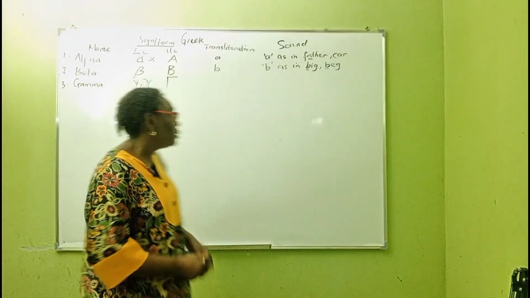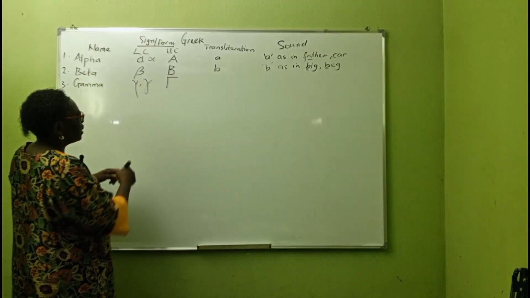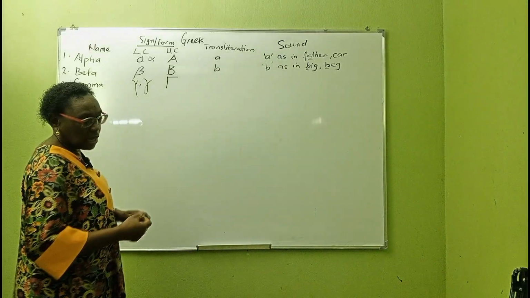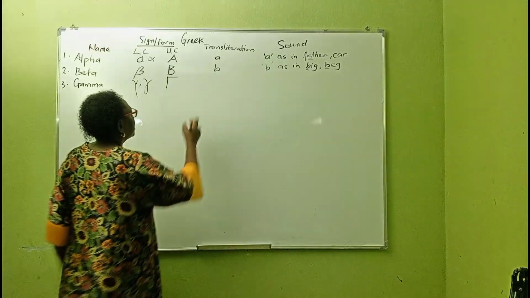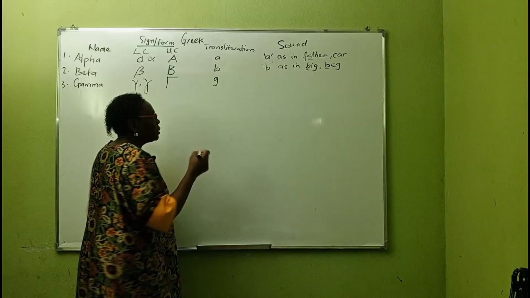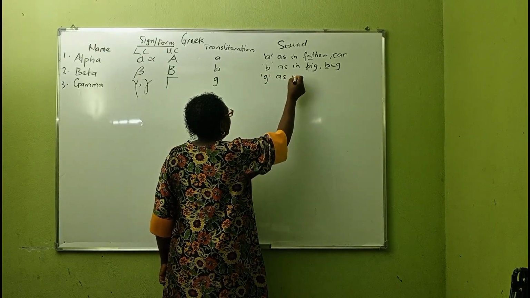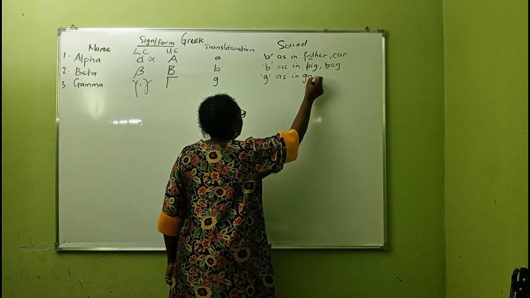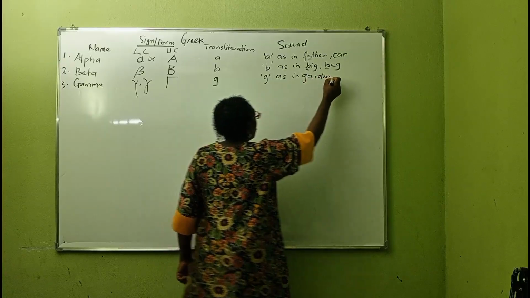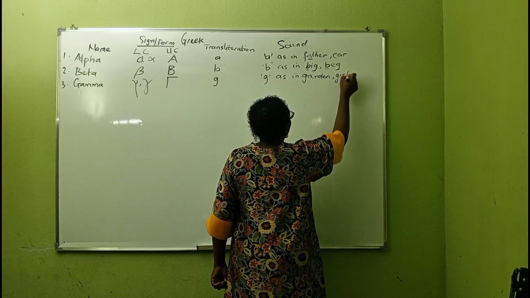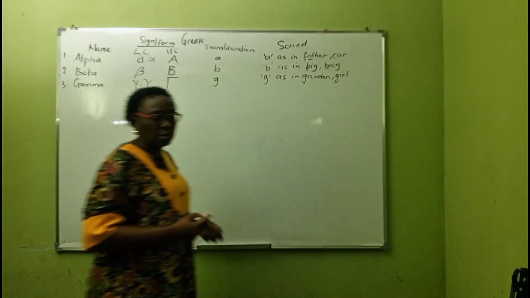To remind you, it almost looks like 7, but it faces the other way. That's your gamma. And in terms of consonant, it's g sound. So you say g as in garden, or girl.